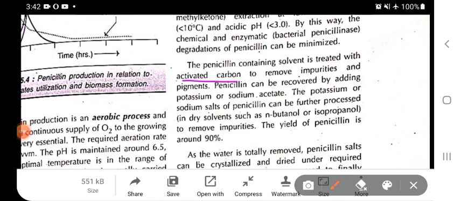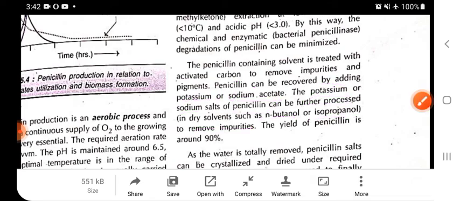You can recover the penicillin from the broth by adding potassium or sodium acetate. The penicillin salts, which are the potassium salts or sodium salts of penicillin, are further processed by using n-butanol or isopropanol to remove the impurities mainly.